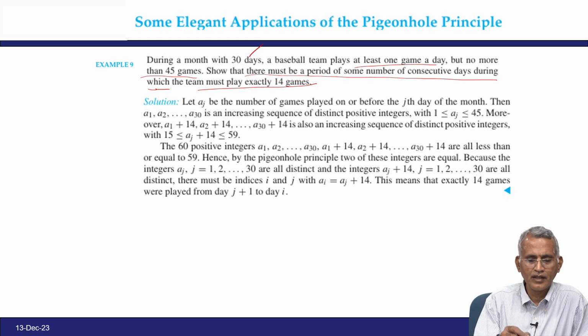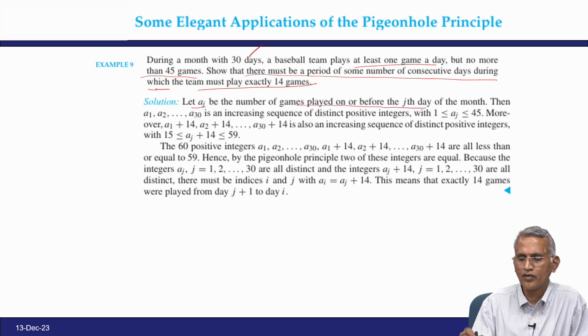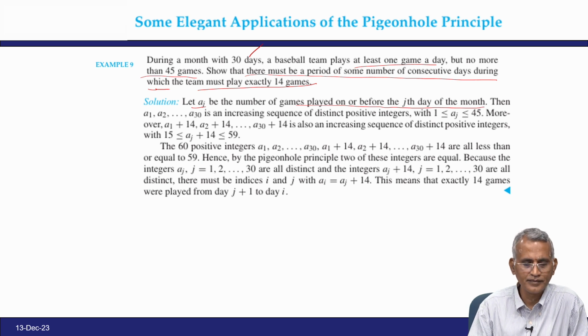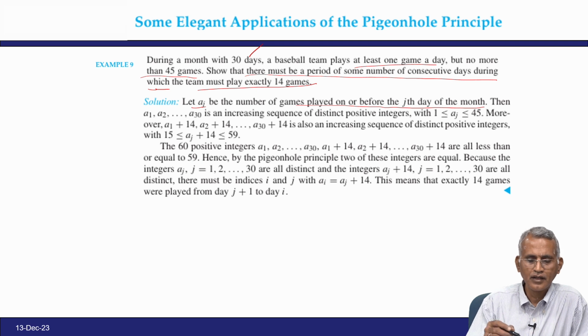So, let Aj be the number of games played on or before the jth day of the month. In the month we have 30 days, so let it be A1, A2, A3 and so on up to A30.